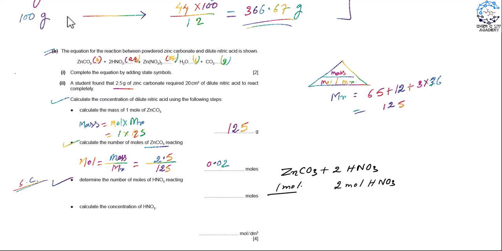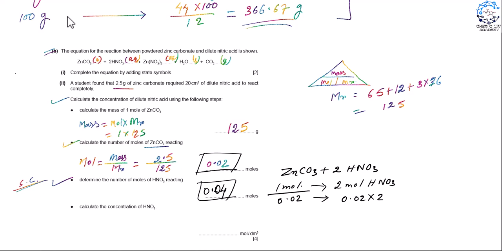Now how many moles of zinc carbonate are reacting in this reaction? 0.02. So 0.02 times 2 will be 0.04 moles, right? So 0.04 moles of HNO3 is reacting. Okay, wonderful.